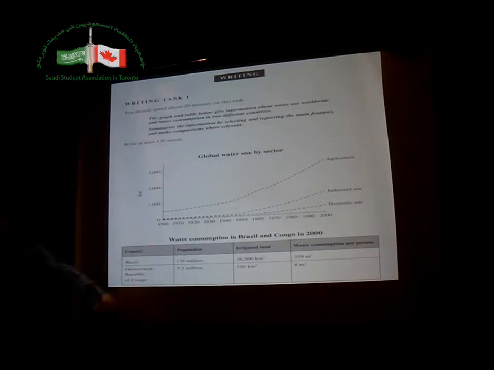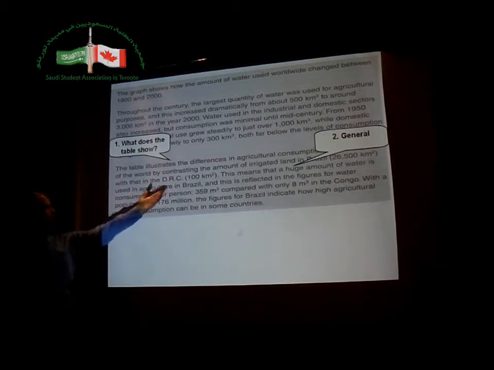Detail: how much? And finally, they compare Brazil and the Congo. So actually, it's a very simple formula you can use for this. General, detail, and then compare. If you do that, you can have an excellent answer like this one here. This is an example of an answer that could get a 9.